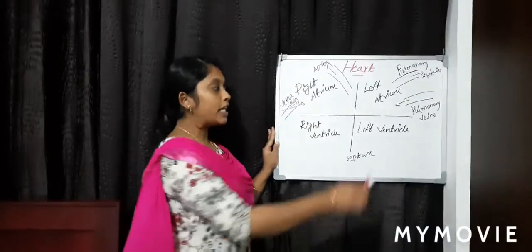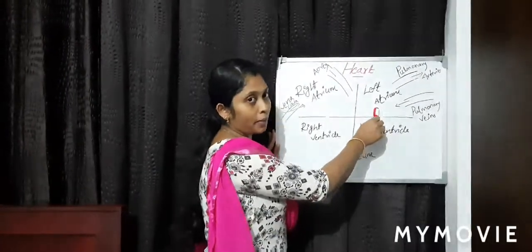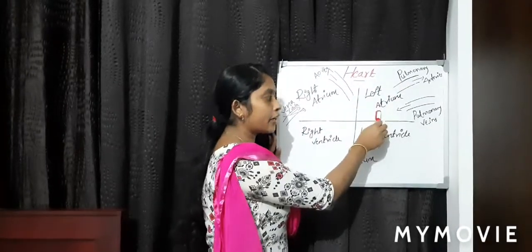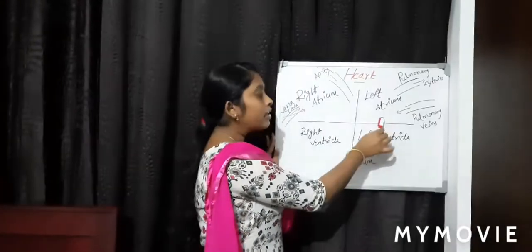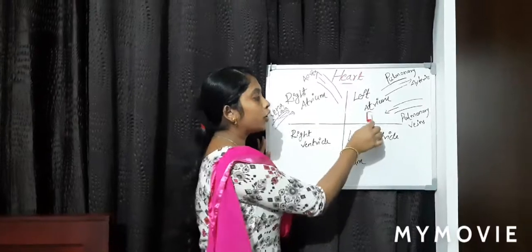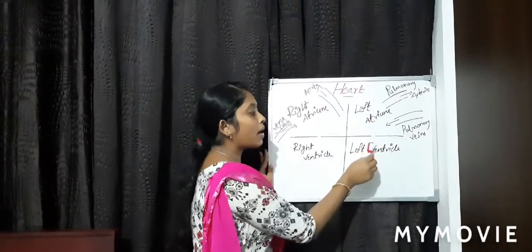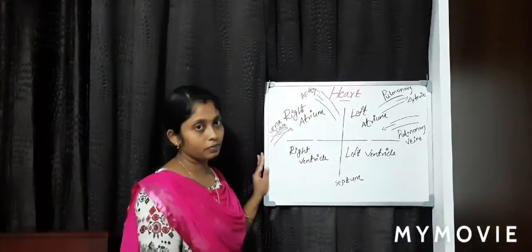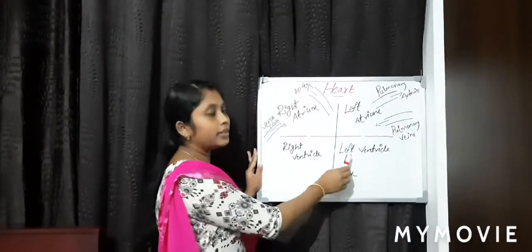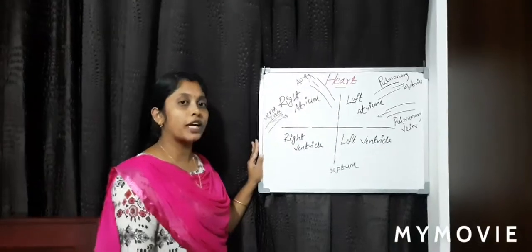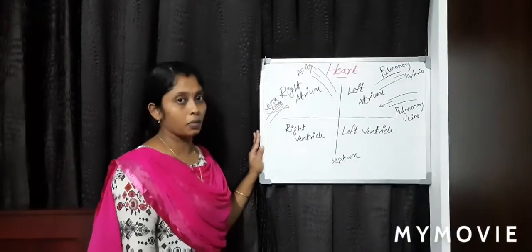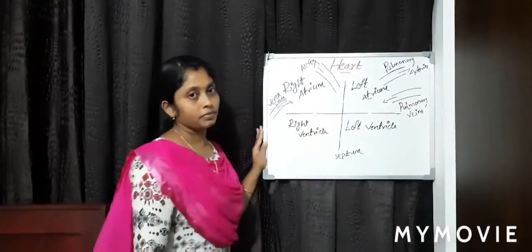The left atrium will relax and then contract, and the oxygenated blood is pumped into the left ventricle. From the left ventricle, it is transported into the different parts of our body through the aorta.